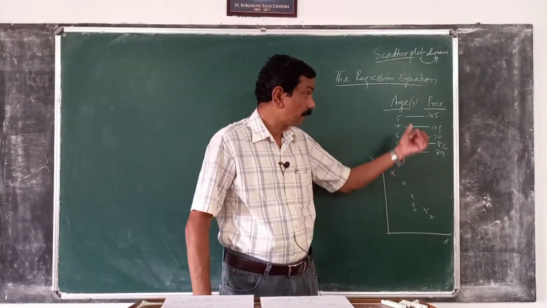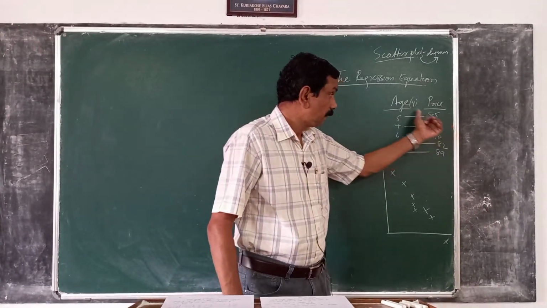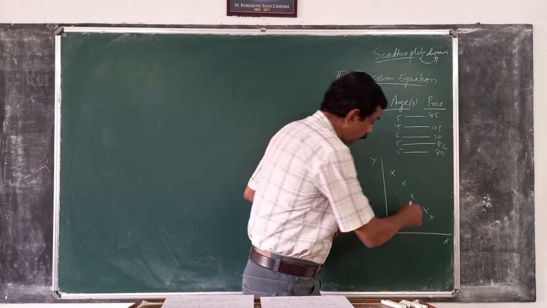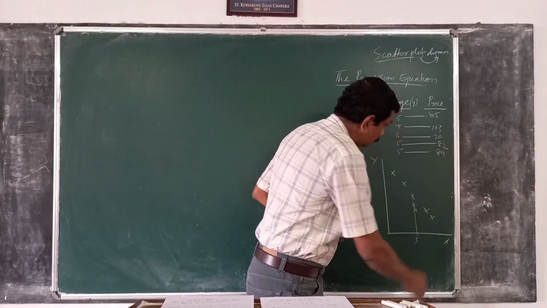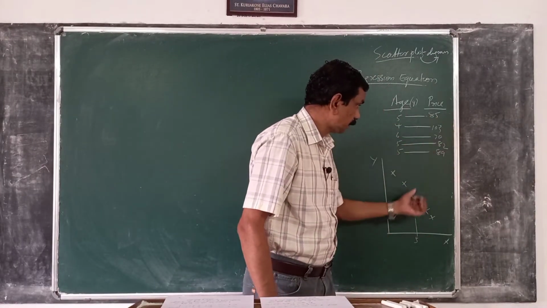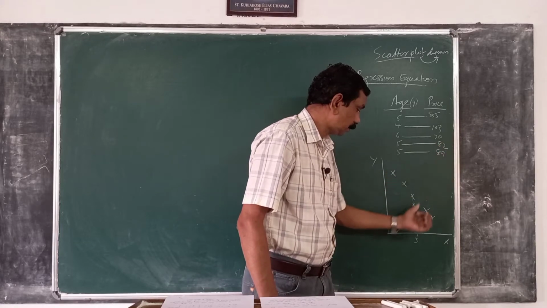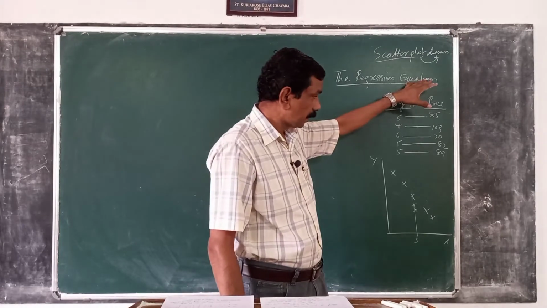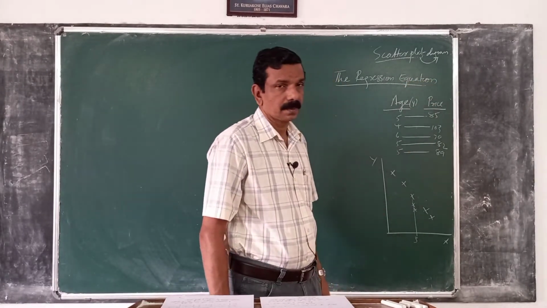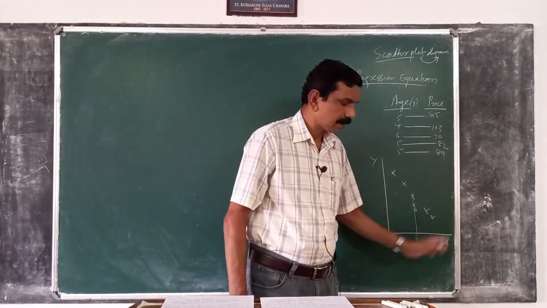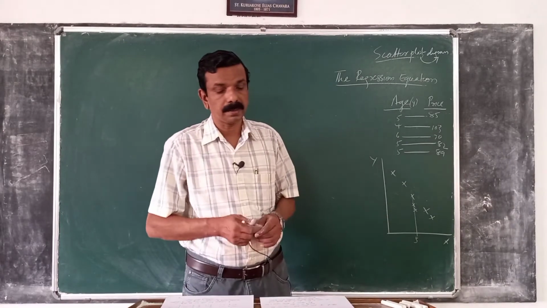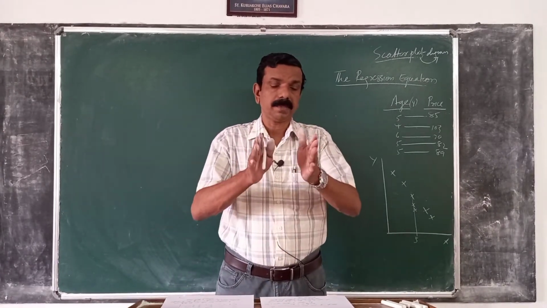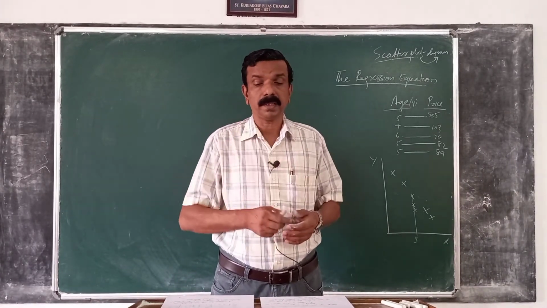All the points will not lie on a line because when age is 5, as an example, you have one price 85, another price 82, another price 89, like that. If you collect data on all the cars and plot this, you will get a scatter plot. It will not lie on a straight line, but they cluster around a line.